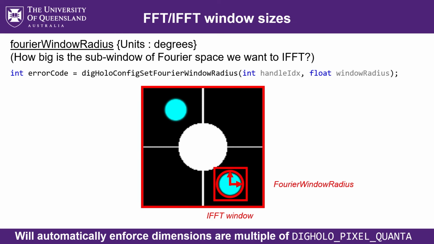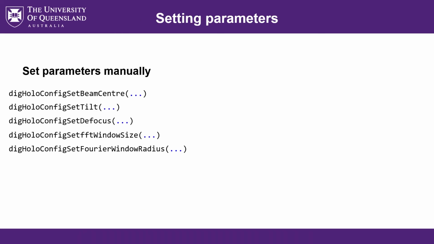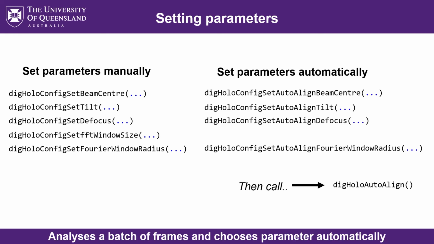As I said before, you've got the option to specify these parameters manually. Perhaps you already know the numbers or a good starting guess of those numbers. Those routines I just showed you are how you can manually set those parameters. But you can also call the AutoAligh routine, and that will analyze a batch of frames and attempt to guess the parameters for you. In that case, you set a flag 0 or 1, specifying which parameters you want the AutoAligh routine to optimize, and then you call digHoloAutoAligh.